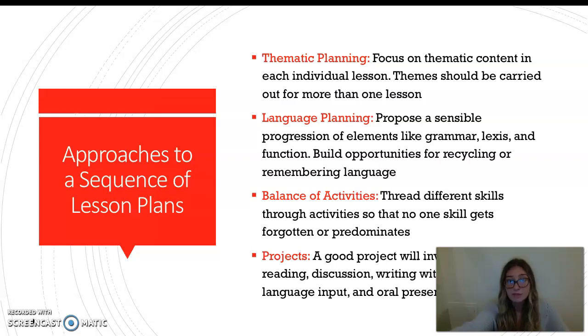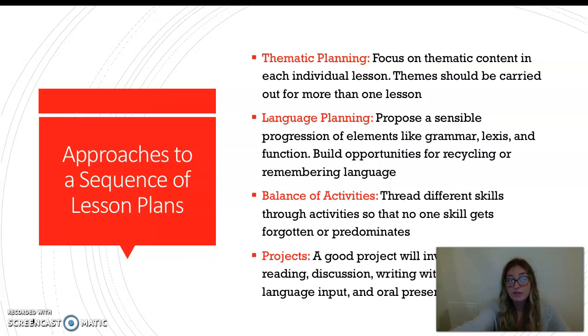We have language planning for when you propose a sensible progression of elements like grammar, lexis, and function. You build opportunities for recycling or remembering language. This chapter also stressed how language needs to be repeated and reintroduced every so often so that it is not forgotten. We also have a balance of activities. So thread different skills through activities so that no one skill, such as writing, gets forgotten or predominates another.